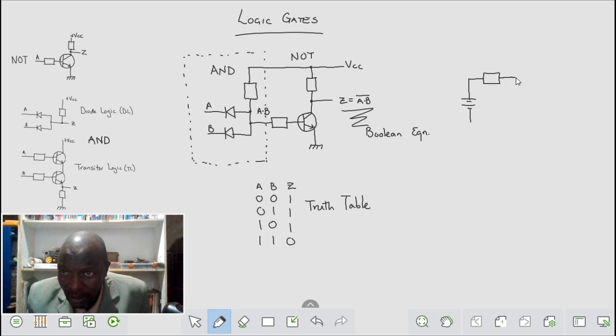We would have had a short for our output with a NOT. But now the NOT is going to be made not of one switch anymore, but of two switches, the two that are AND.